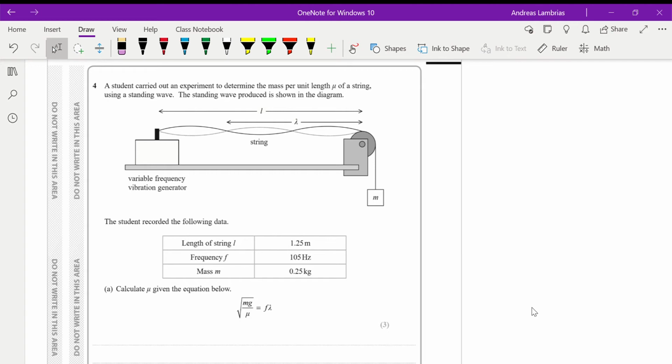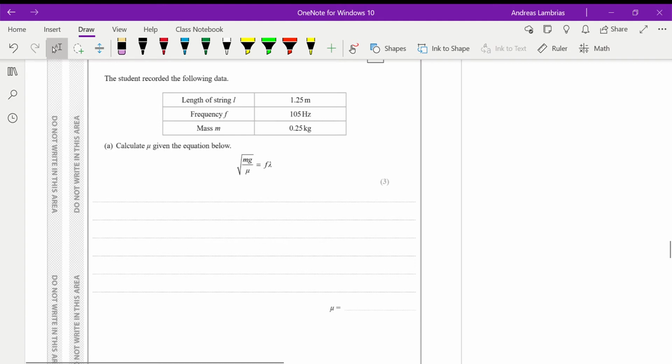So we need to calculate the mass per unit length, mu, using the equation below. First of all, we need to rearrange this equation in terms of mu. I'm just writing this equation again. So the square root of mg over mu equals frequency times wavelength. I have to get rid of the square root, therefore I will put both sides to the power of 2.